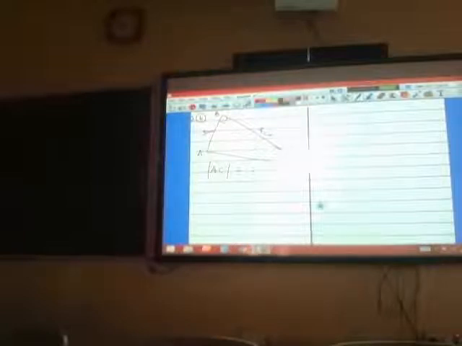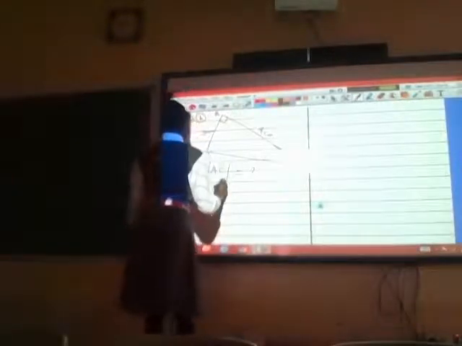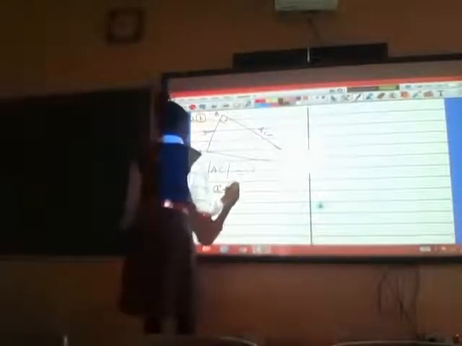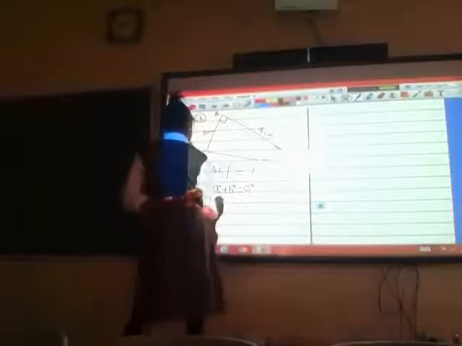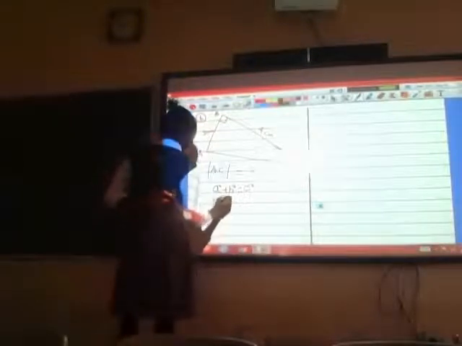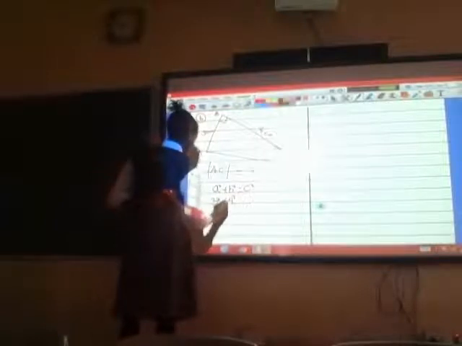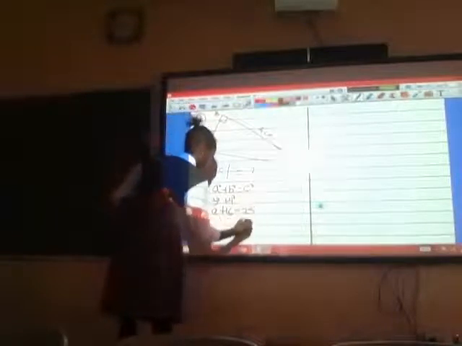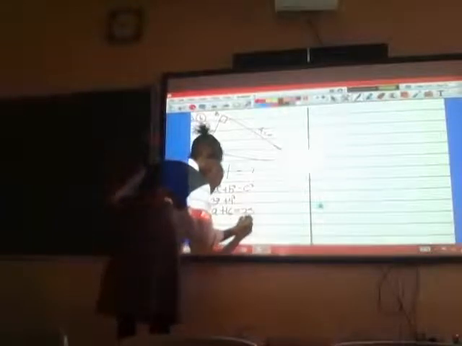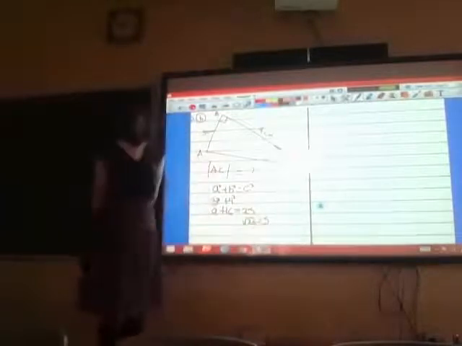You are looking for the length of the third side. It doesn't look like 5.